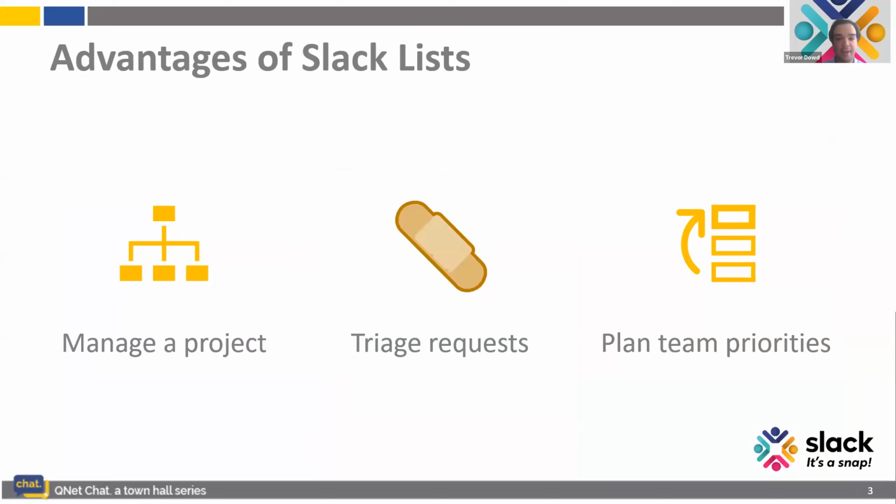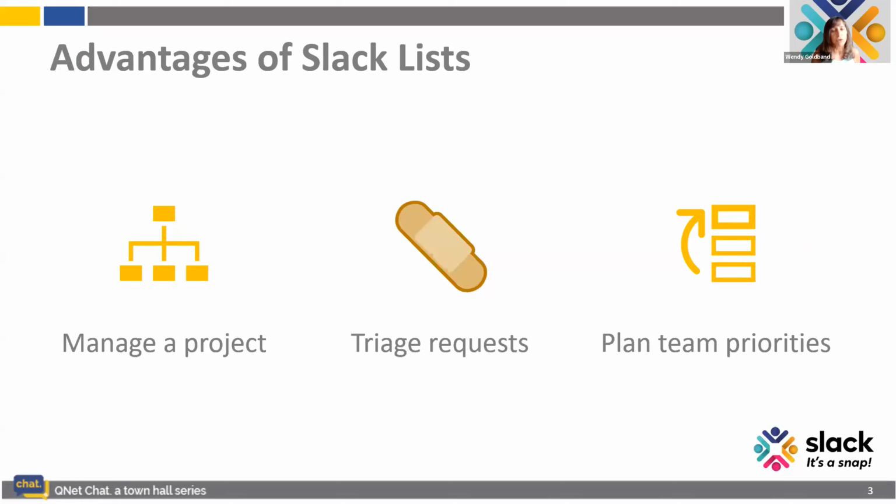But the biggest advantage, because we know we have so many other project tracking and task management tools that you could do all these features before, like triage management or planning team priorities, the big difference is it is fully integrated in Slack, so you can add it to your Slack channels. You can share it with DMs. It is limitless with the amount of communication and visibility that is provided through these lists.